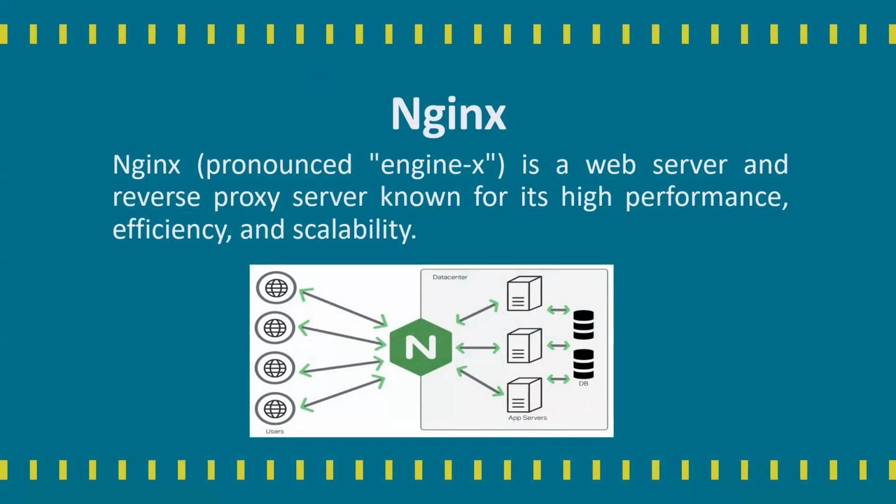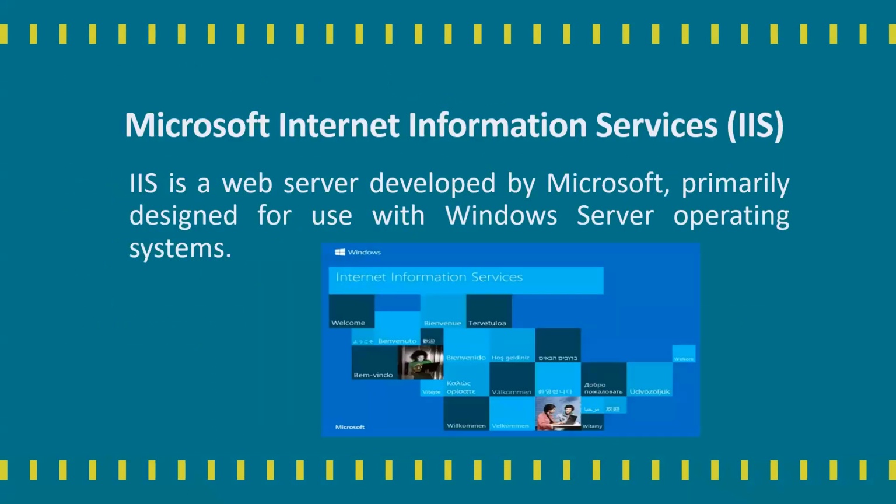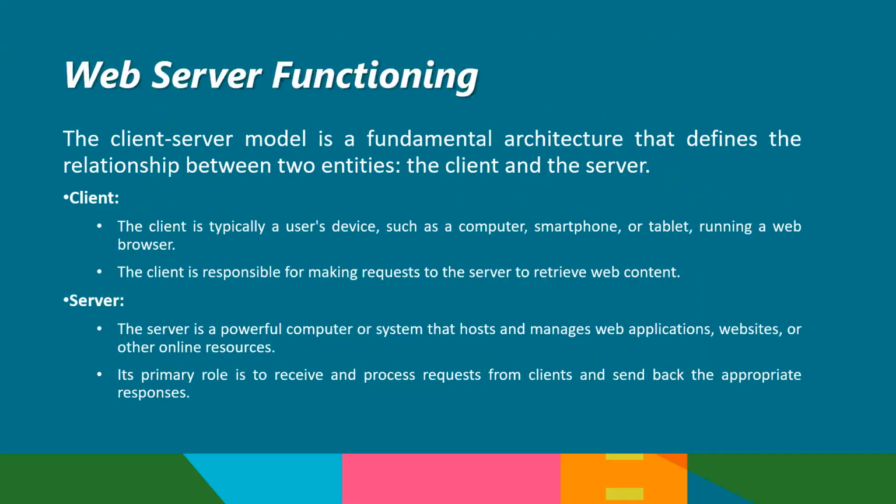And you can see it can be used for multiple users. Then Microsoft Internet Information Services, definitely Microsoft. Again, Microsoft is in this business also. So it's a web server developed by Microsoft, primarily designed for use with Windows Server operating systems.